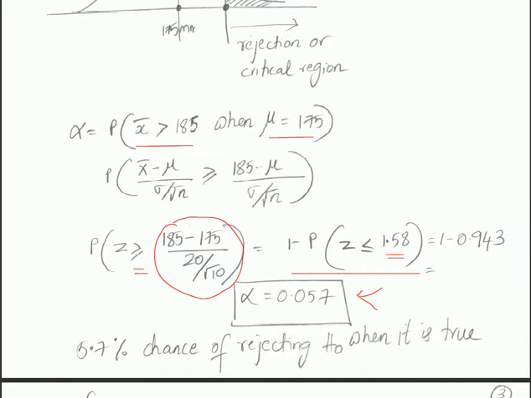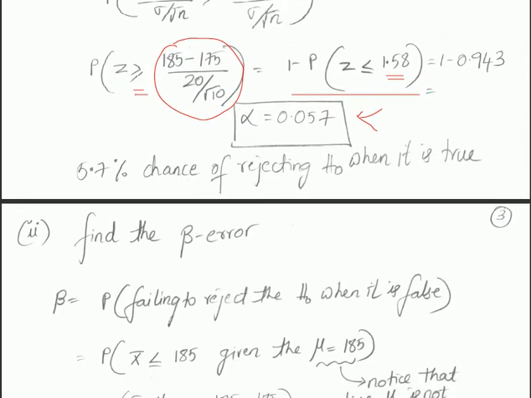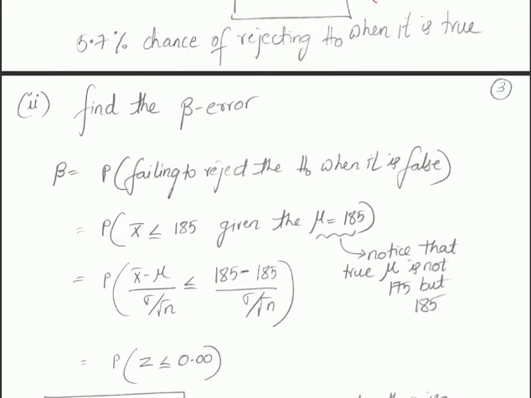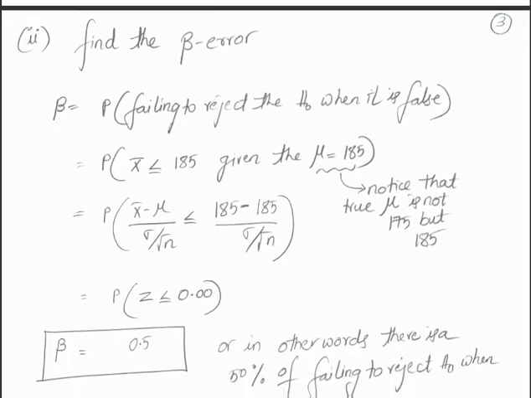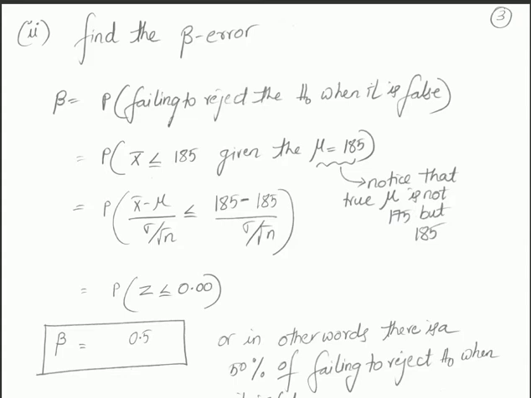I hope this example gives you a better idea of how to deal with one-sided hypotheses. Now let's move on to finding the beta error for this particular problem. I want you to adopt a stepwise approach when solving these problems, because it really helps you to formulate the equations and get the concept correctly.